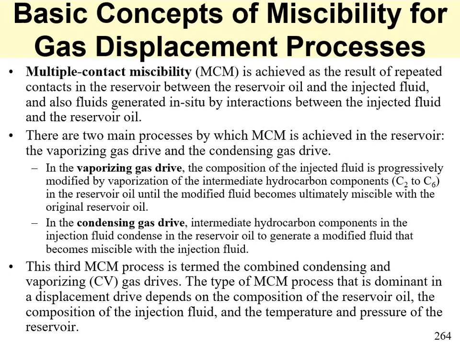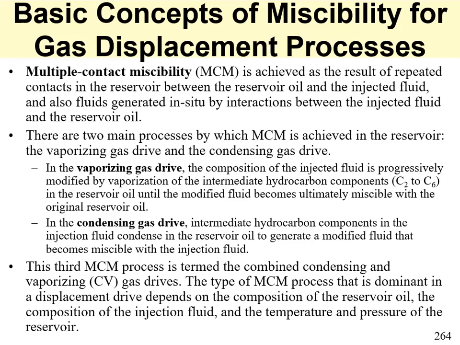In contrast, for the condensing gas drive, intermediate hydrocarbon fractions in the injected fluid condense in the reservoir oil to generate the modified fluid, which becomes miscible with the injection fluid.